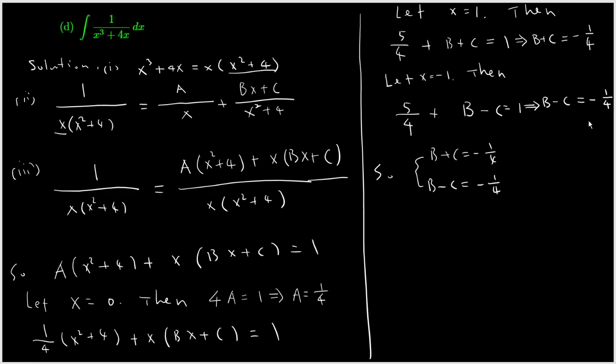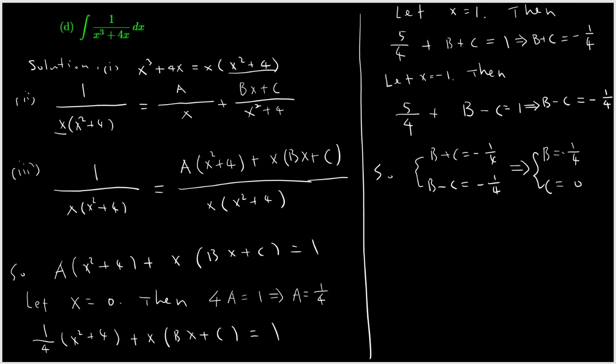You add the two equations, you have 2b equals 2 times negative 1/4. So this will give you b value is negative 1/4, I think, right? And c value has to be 0.